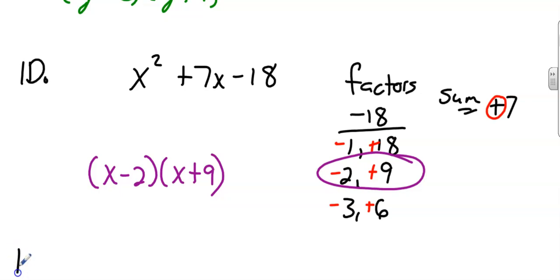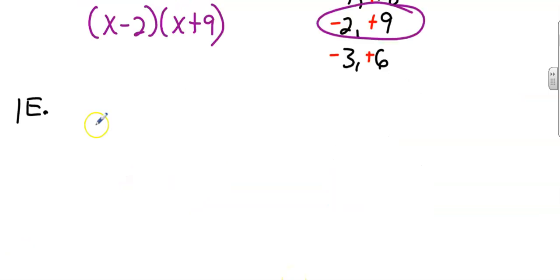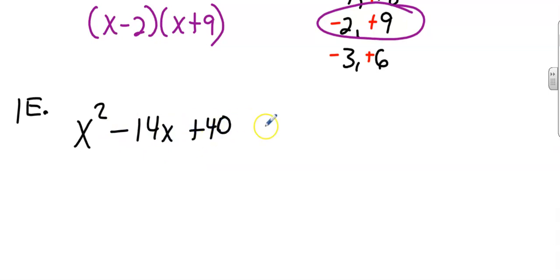All right, and one more of those. Okay, let's go with x squared minus 14x plus 40.